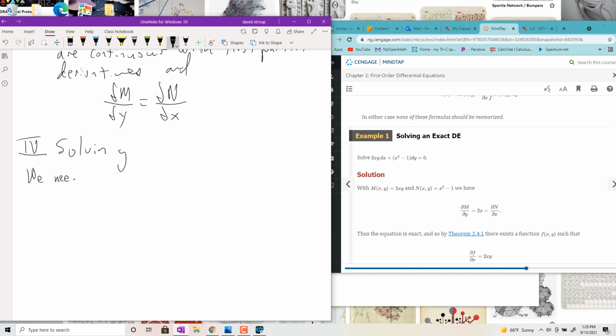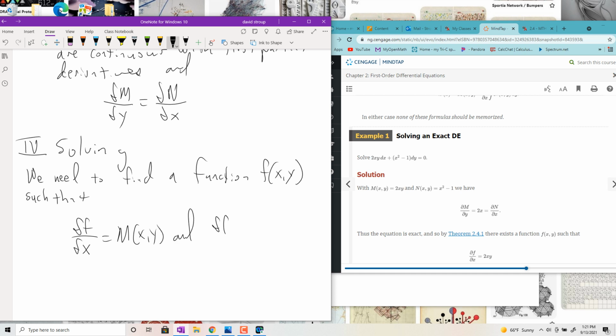We need to find a function f of x comma y such that when we take the partial of it with respect to x, we get this M of x,y, and when we take the partial of it with respect to y, we get this N of x comma y, right?